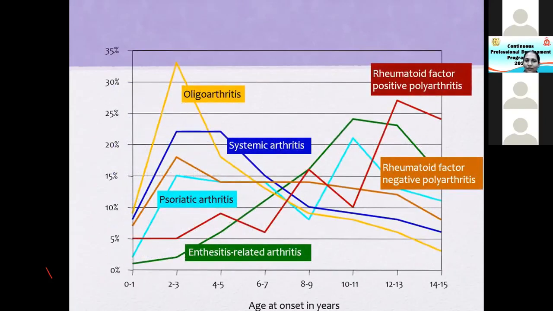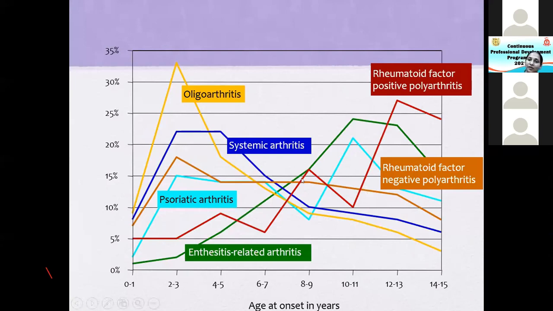Now, if we consider children, the age of onset in years and the types of arthritis, you will see that oligoarthritis occurs early. The incidence is more early on in life, 2 to 3 years. Psoriatic arthritis can occur at 2 peaks.